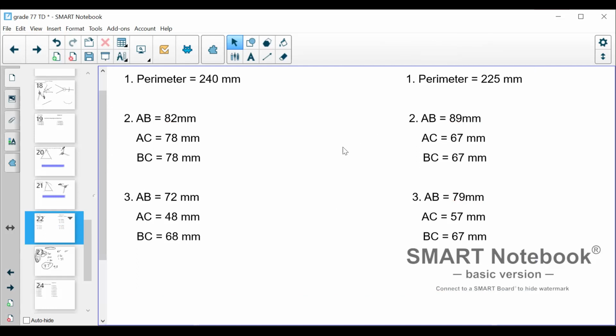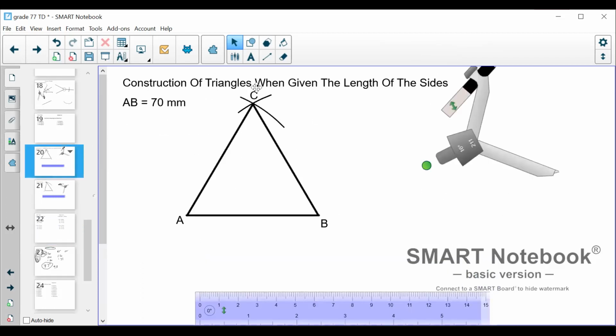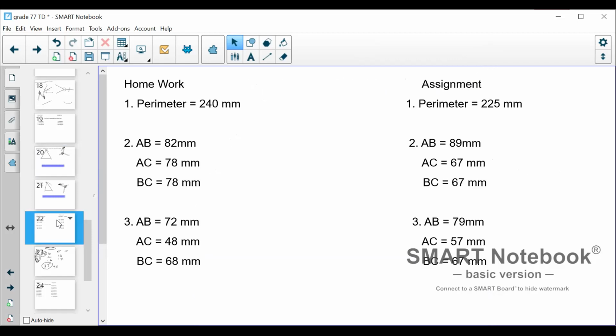Now, the other topics that we look at will cover right angle triangle, obtuse angle triangle, and acute angle triangle, right? So we will not focus on those for now because you remember those are classified by their angles. And this construction is when you're given the length of the sides, right? So we would not focus on those for today. We'll do that in another lesson.